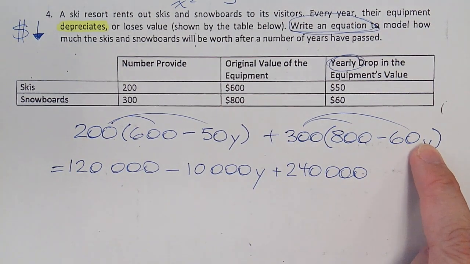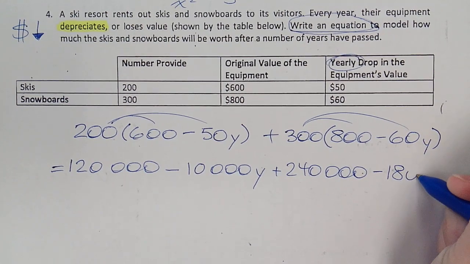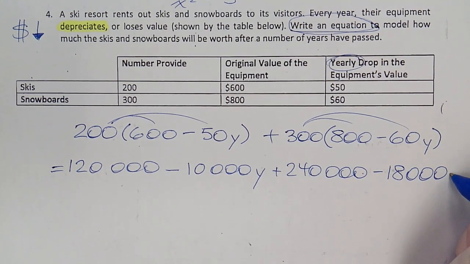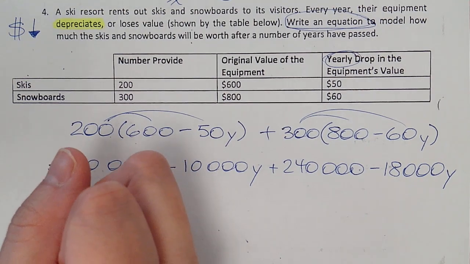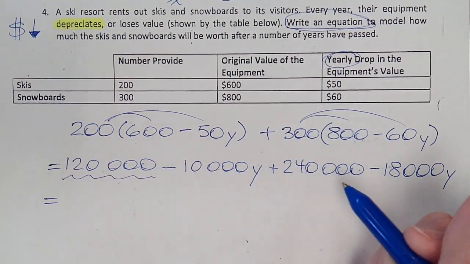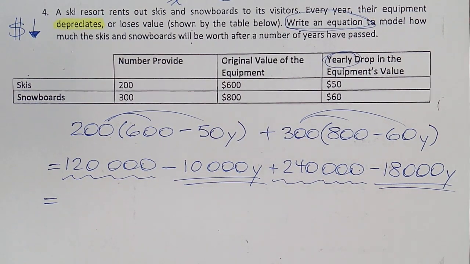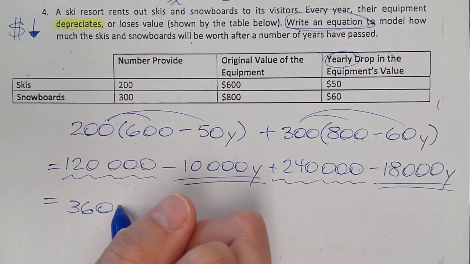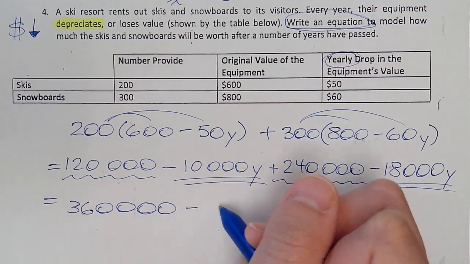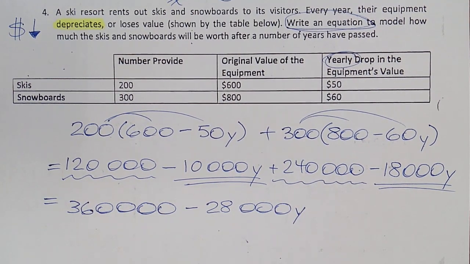And then 300 times negative 60y, you get negative 18,000y. This and this go together. This and this go together. So 360,000 minus 28,000y.